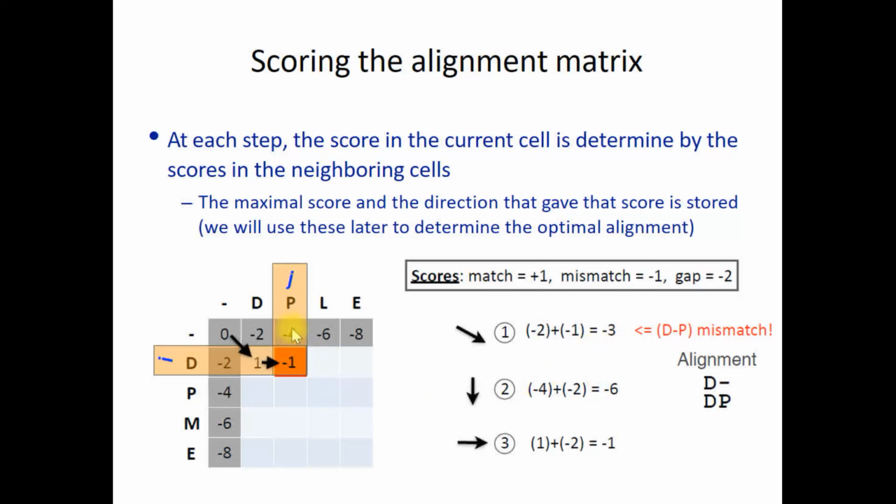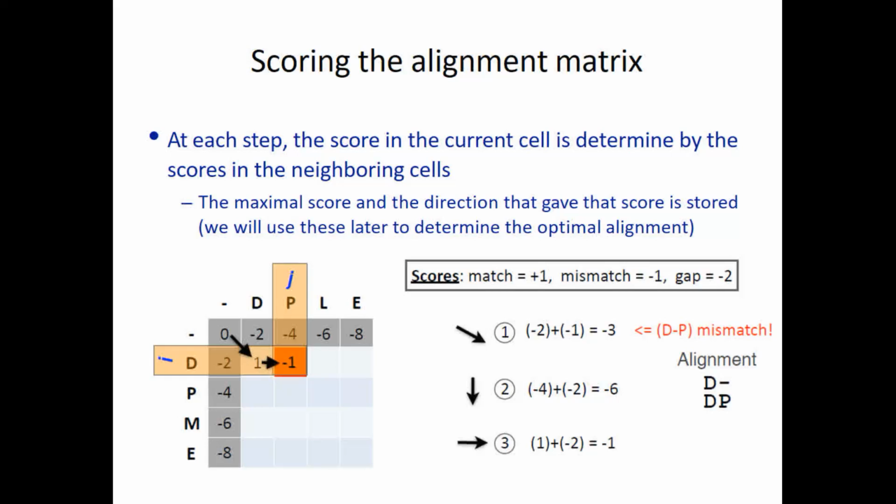Then vertically from top to bottom, we go from -4, and since it's a vertical direction, it corresponds to a gap penalty, so we get a score -4 plus -2, -6. And similarly going from left to right, we also add a gap penalty and get the final score -1. So now we compare these 3 scores. -1 is the highest. Then we put a -1 into this cell, and we trace back.